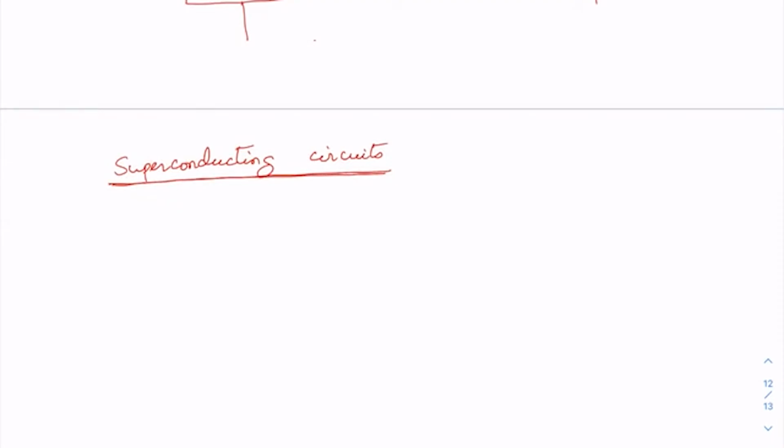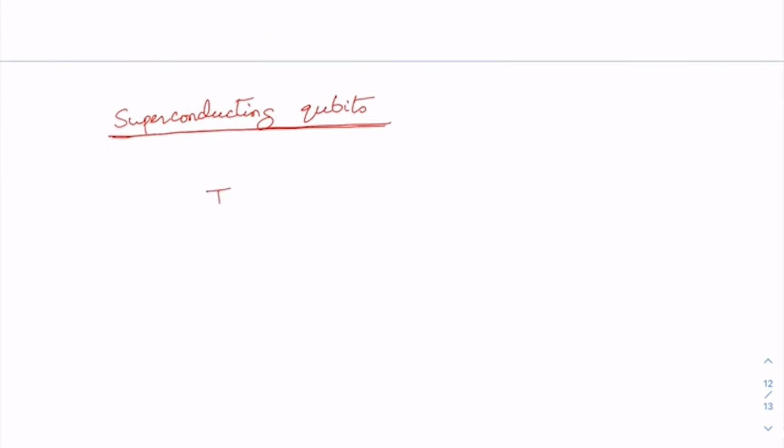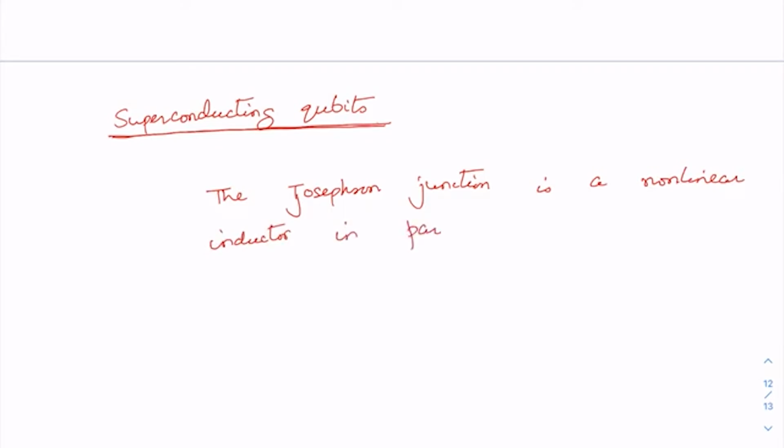The Josephson junction, as I said, is a nonlinear inductor in parallel with a capacitor.